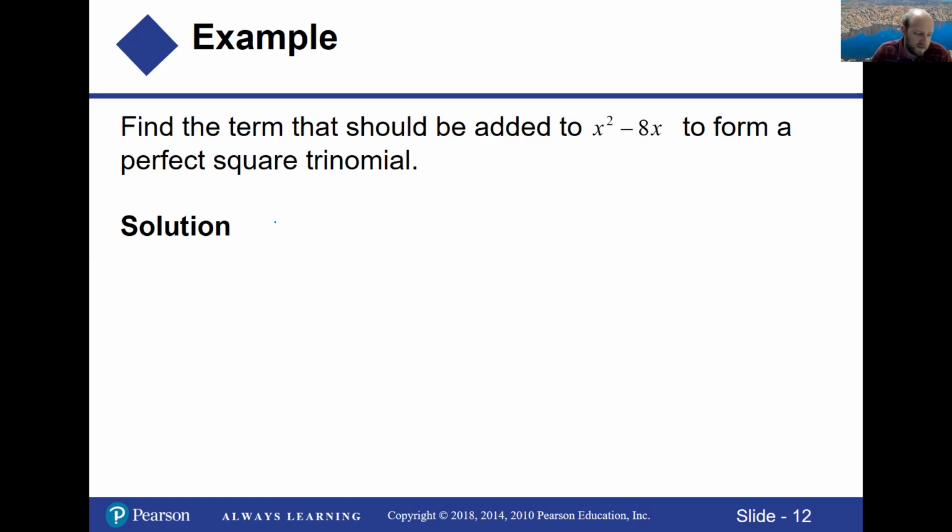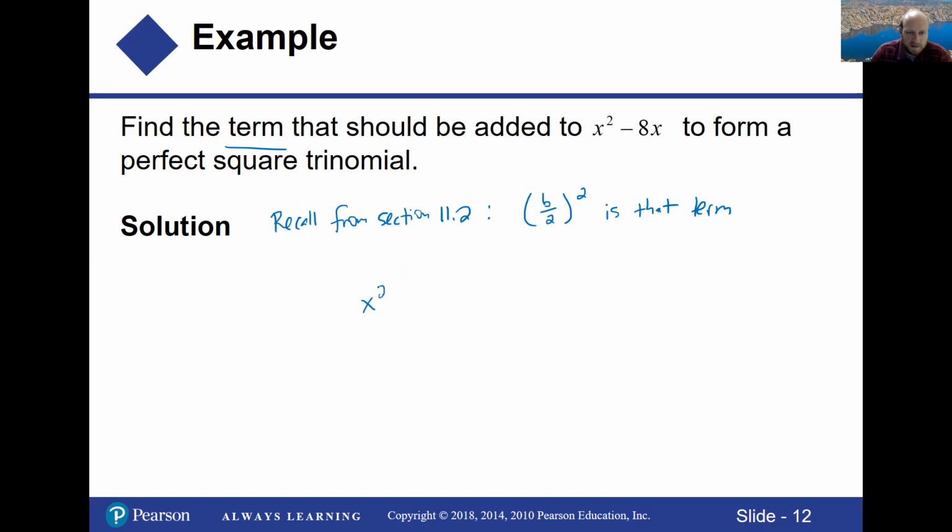Recall from section 11.2, what is that term that allows us to form a perfect square trinomial? Well, that term is b over 2 squared.